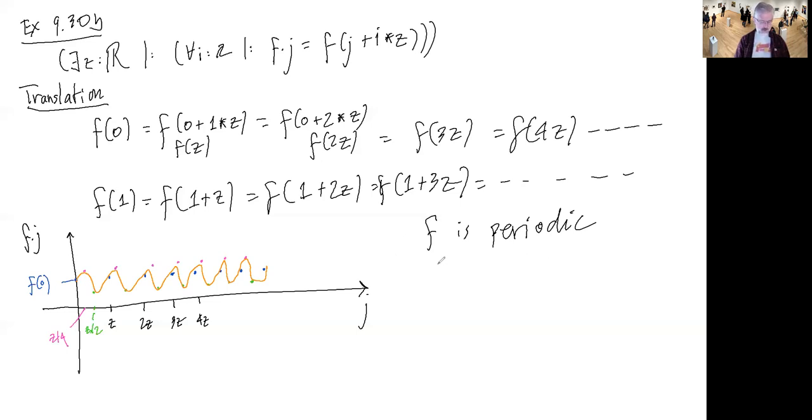Or another way to think about this is that f repeats itself every z, right? That's a little fuzzier. It's also worth noting that if you wanted to capture this fact, this is periodic with period z.